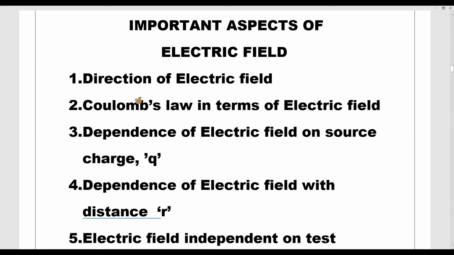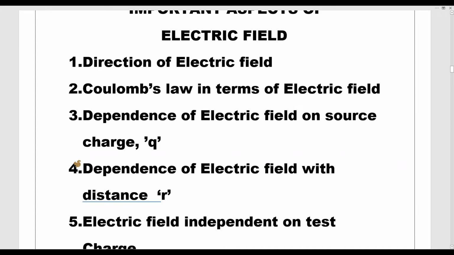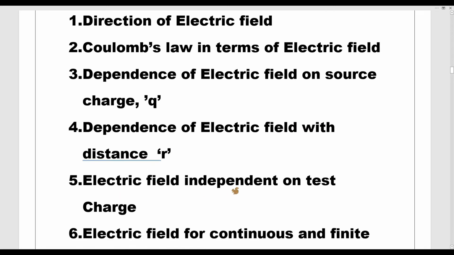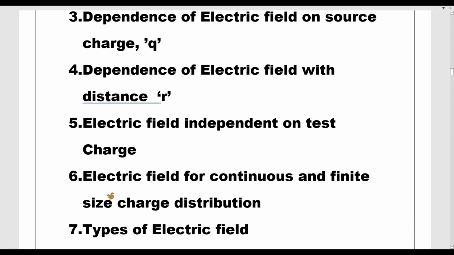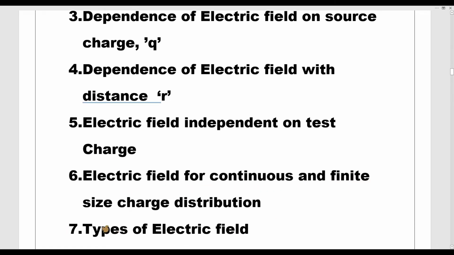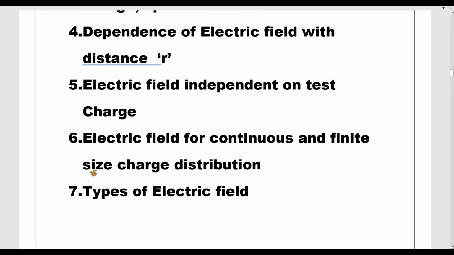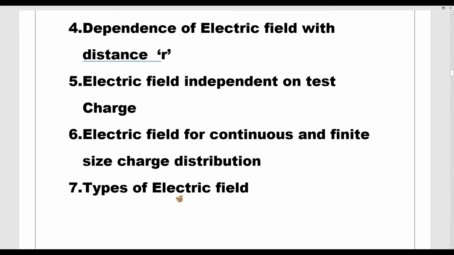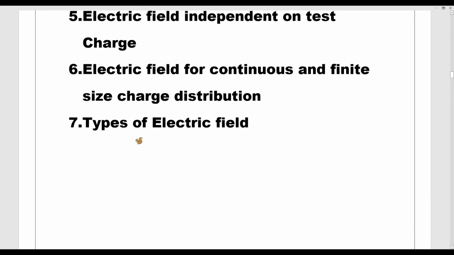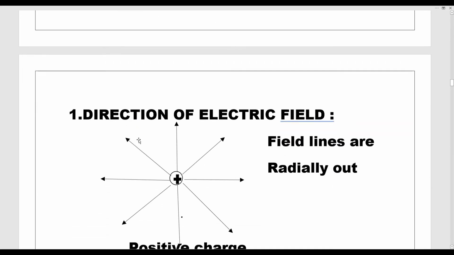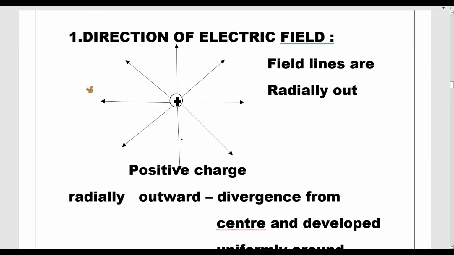They are direction of electric field, Coulomb's law in terms of electric field, dependence of electric field on source charge Q, dependence of electric field with distance, electric field independent of test charge, electric field for continuous and finite size charge distributions, and types of electric field. Let us discuss one by one, and now we move on to the first aspect, direction of electric field.